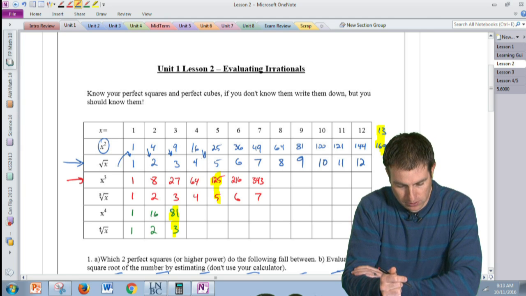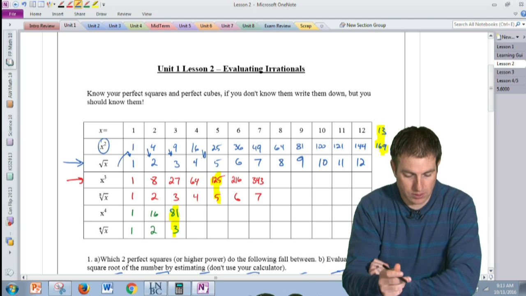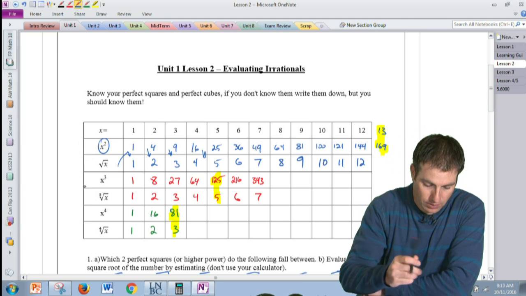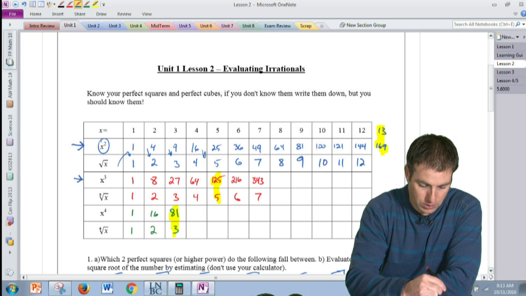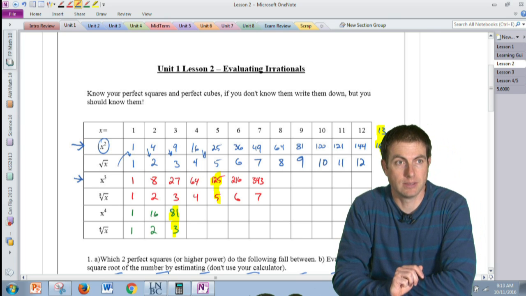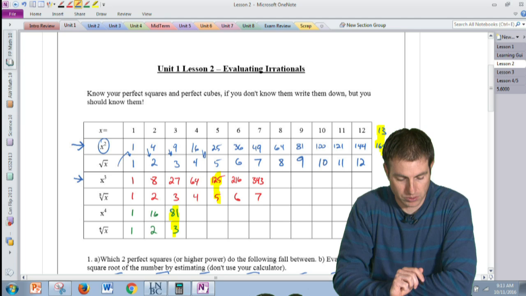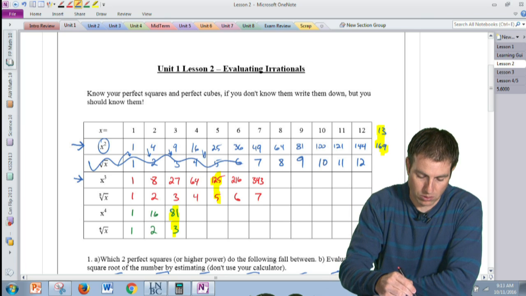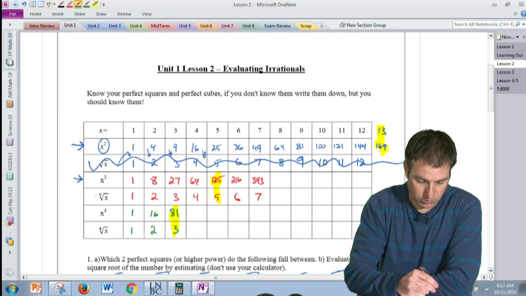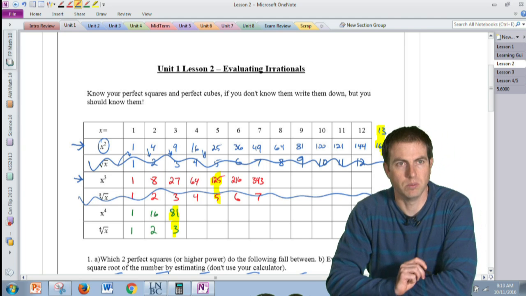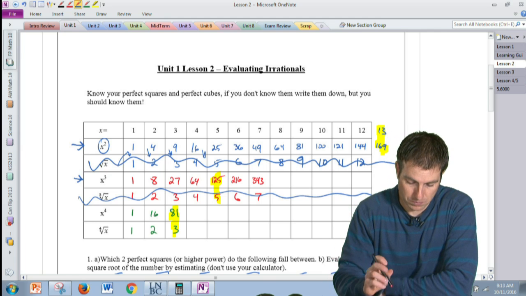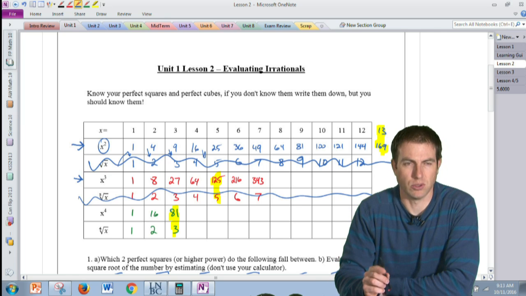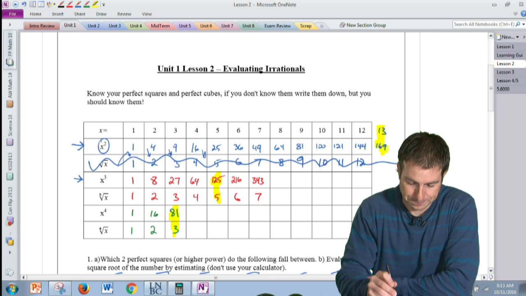That, I guess, is confusing. The important thing is that you know the squares column and the cubes column. Those are the important numbers. If you just ignore this and ignore this, you'll be okay. So you just need to know your perfect squares and your perfect cubes. I guess it was just a way of showing them that I didn't execute very well.